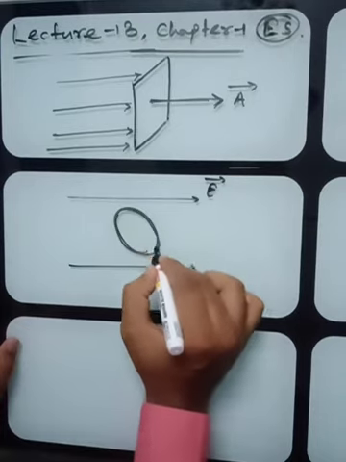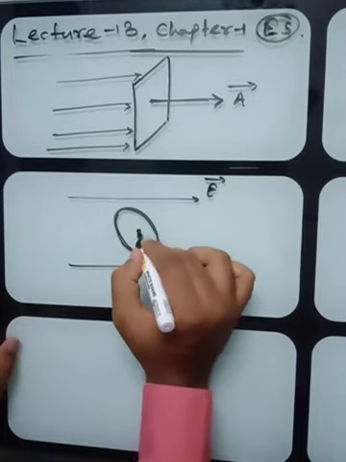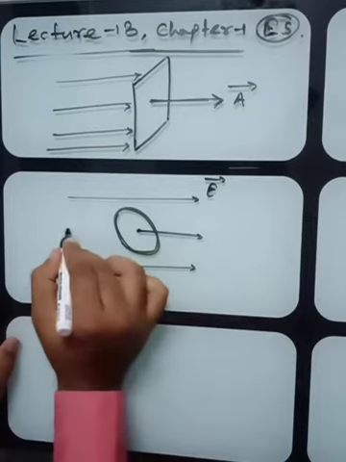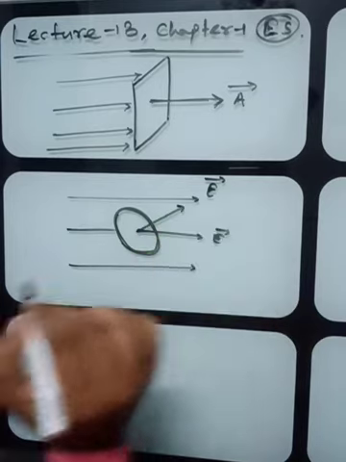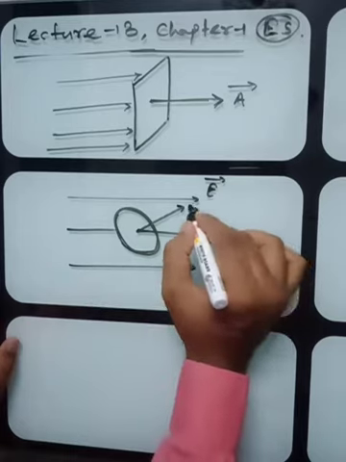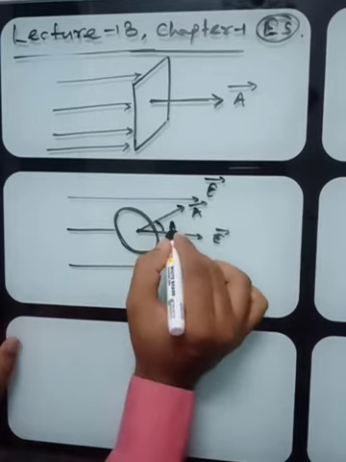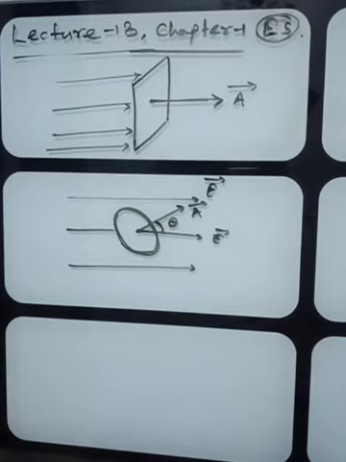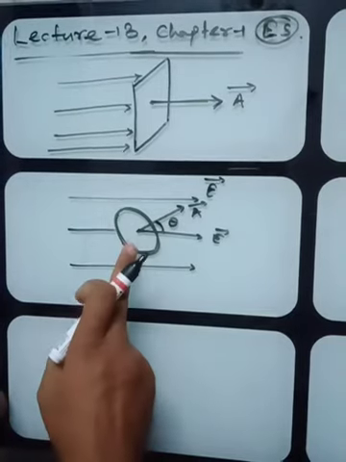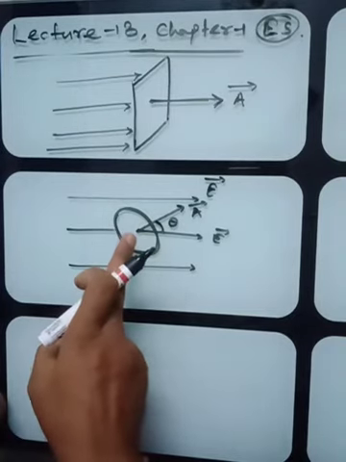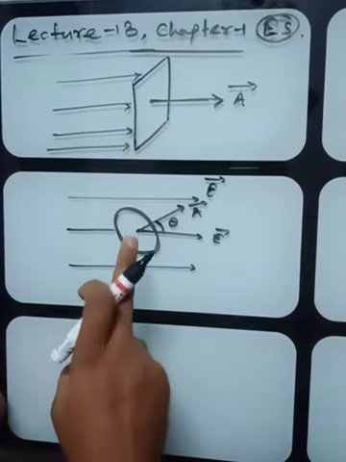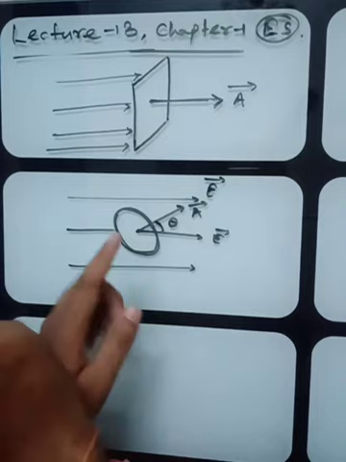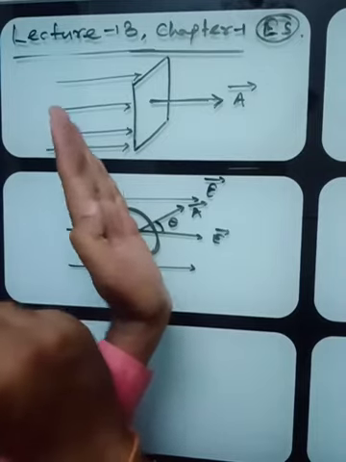This is a circular plate and the electric field is in this way. The area is in this direction, making an angle theta. So in this orientation, will this plate have the maximum counting? The answer is no, it will not. In which direction will it have the maximum counting? It needs to be tilted in this way.